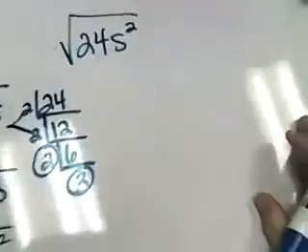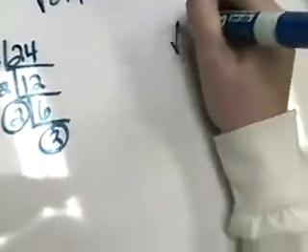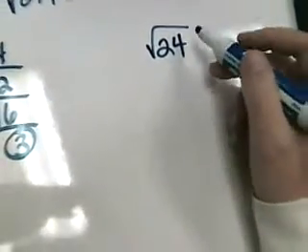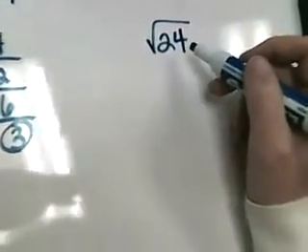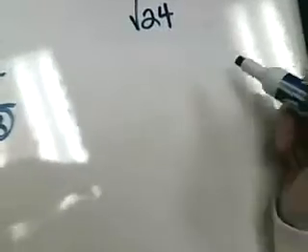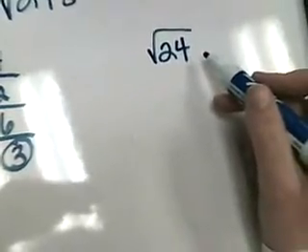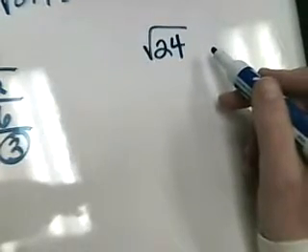Now let's show perfect square method. So if I look at 24, I want to find the biggest perfect square that will come out of 24. 1 isn't going to change it. 4 gives me 6. That goes in evenly.